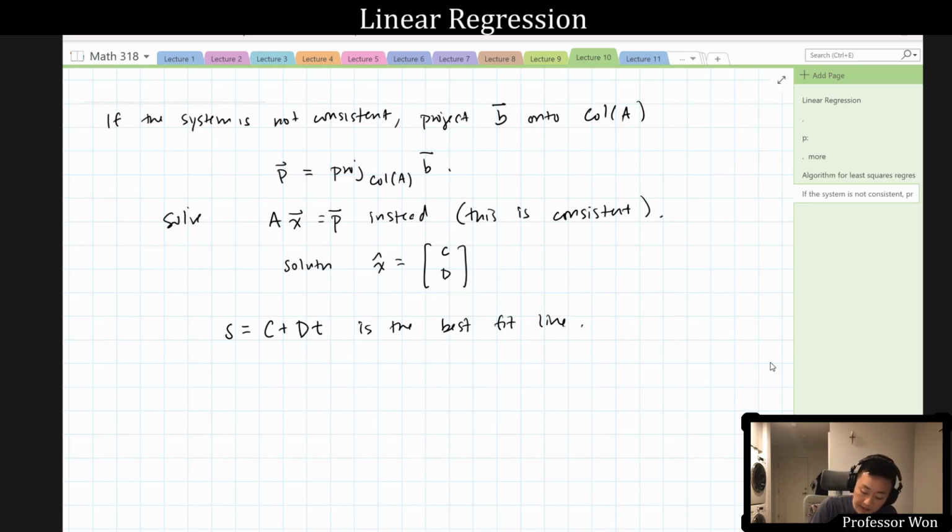Okay, maybe I should write that down. So for each i, if we take ei to be bi, that's the height that we had originally, and we subtract off the point that we get on the line, so C plus D times ti. This is the difference, the vertical distance between L and the ith data point.